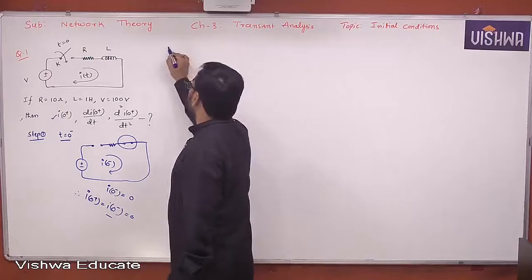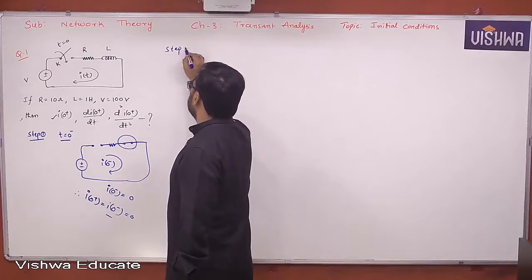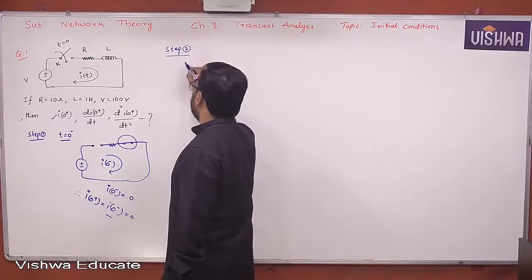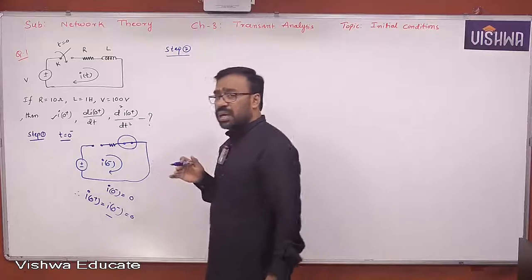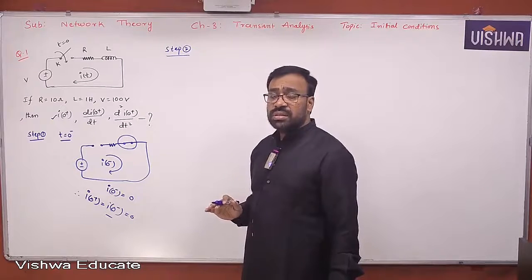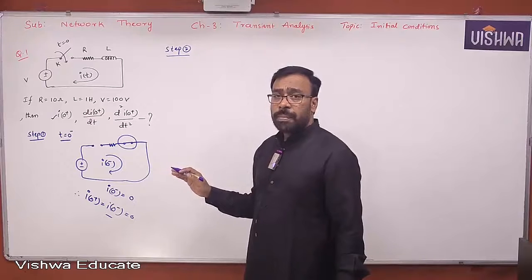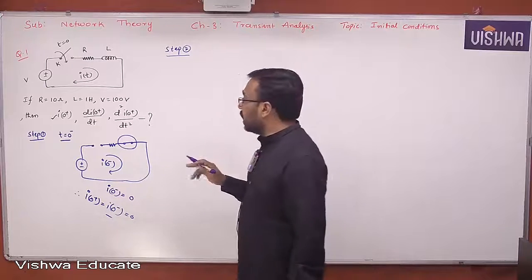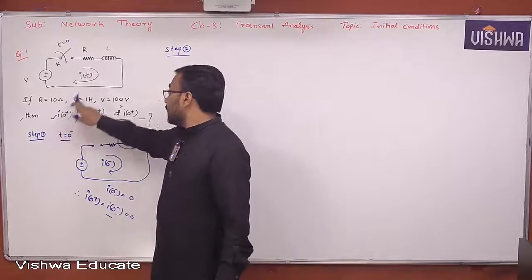And step 2, is it required? When do you generally go for step 2? Other than current through the inductor and voltage across the capacitor, only for those quantities do you go for step 2. But here, what is i? It is the current through the inductor.